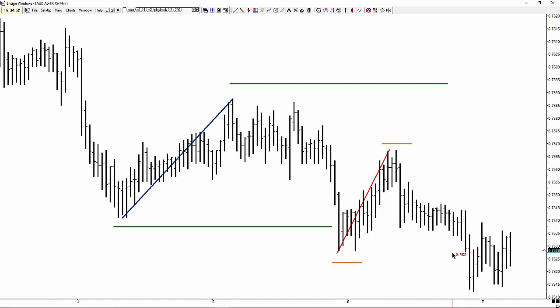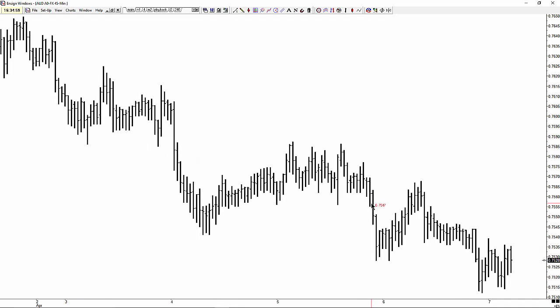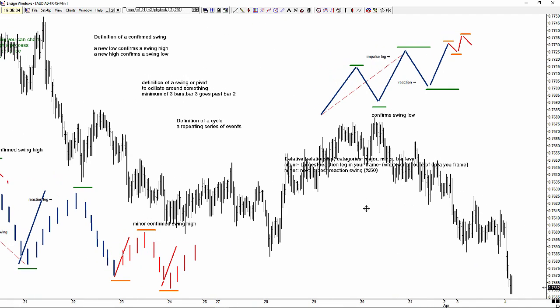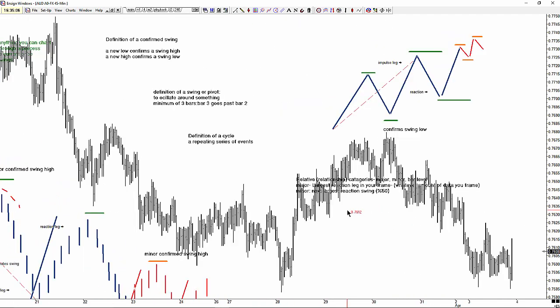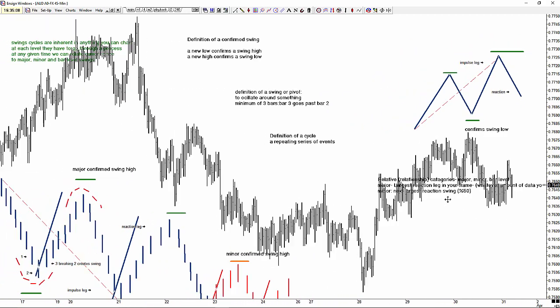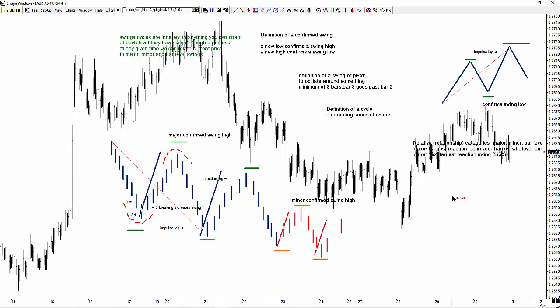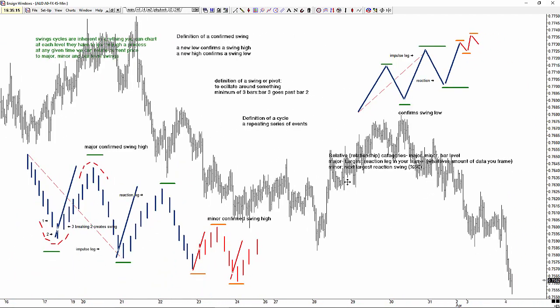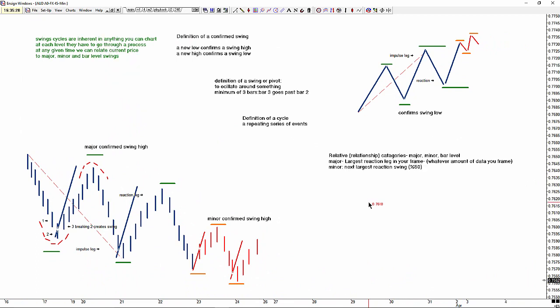But we'll get there. So no matter what amount of data you're using, there will be a major and there will be a minor. And we're going to use the reaction leg as a way to determine relative relationship. They relate to each other.